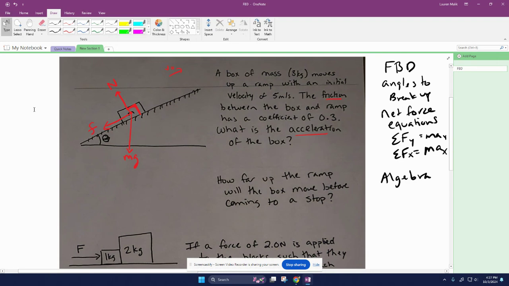So I really only need to break up that gravity. And so what I'm going to do is treat that gravity as a component that opposes the normal force and as a component that's moving down. Okay, so those are the two pieces of gravity that I'm going to try to break up and create.